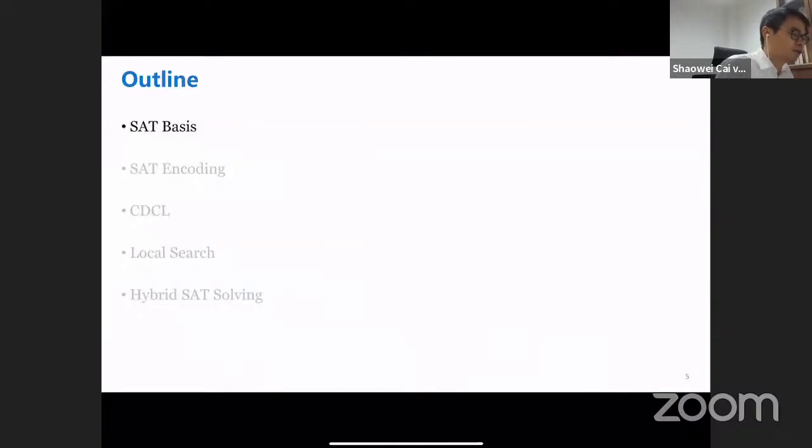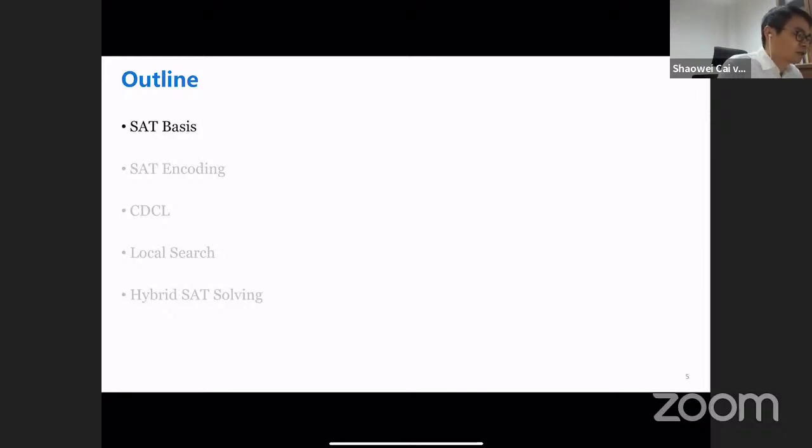Now, this talk is about SAT solving because it's a tutorial. So I will try to cover different aspects of SAT solving and algorithms. I will begin with the basic algorithm and some hardness results we need to know.